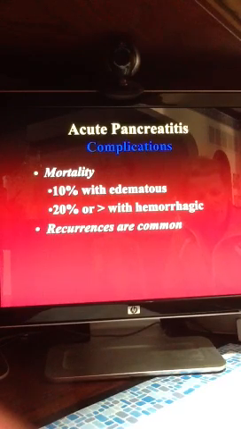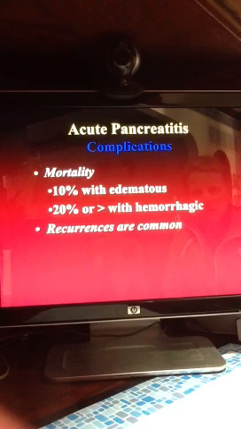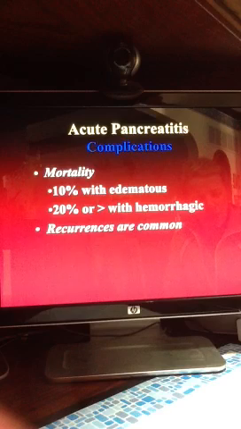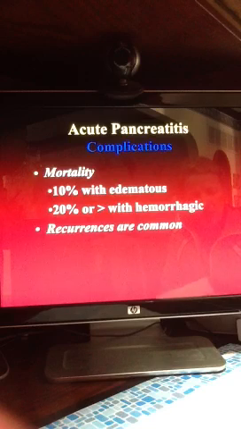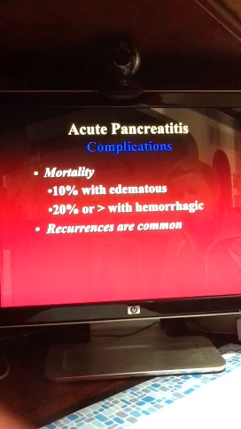With an edematous pancreatitis, the mortality is about 10%, 20% or greater if they have a hemorrhagic pancreatitis. Recurrences are common for patients who have pancreatitis, particularly if you consider the etiologies of biliary disease and alcoholism. Those have to be addressed.